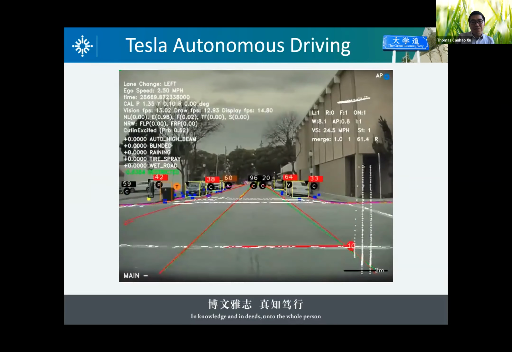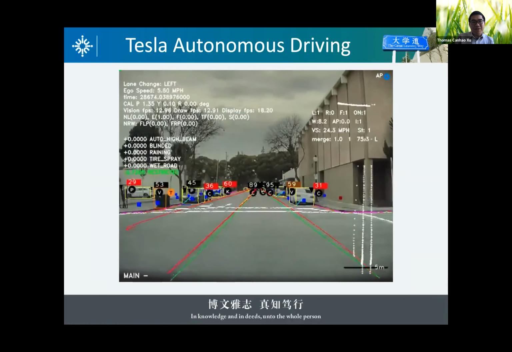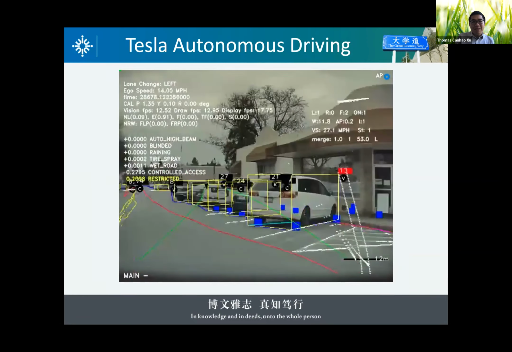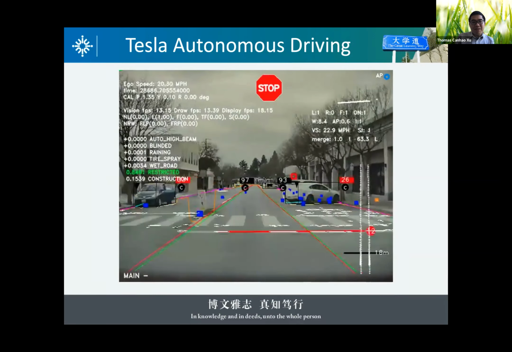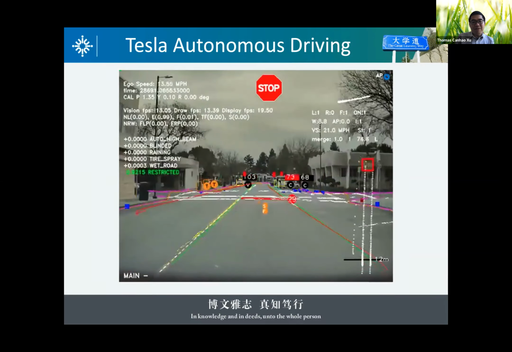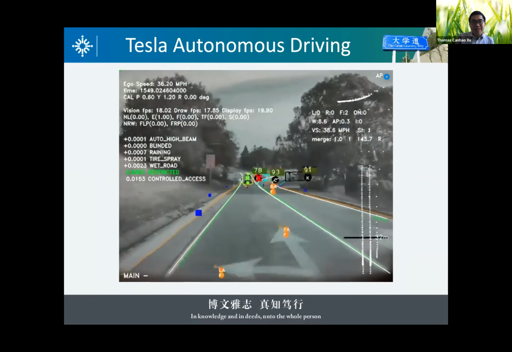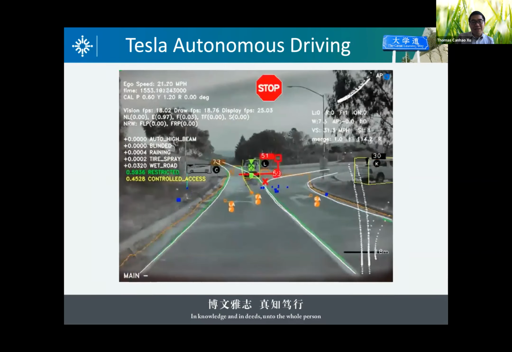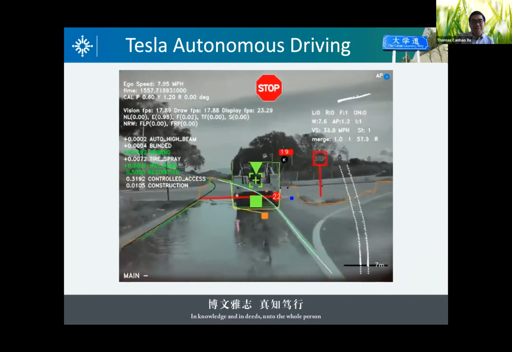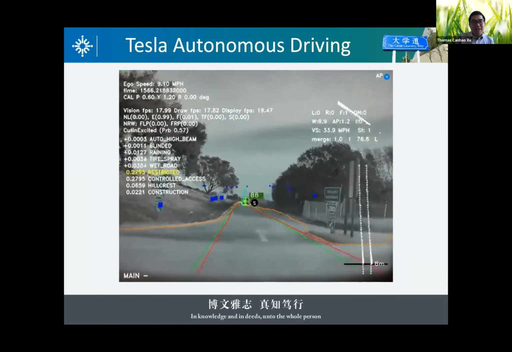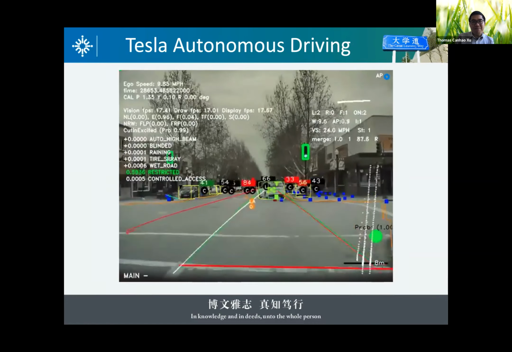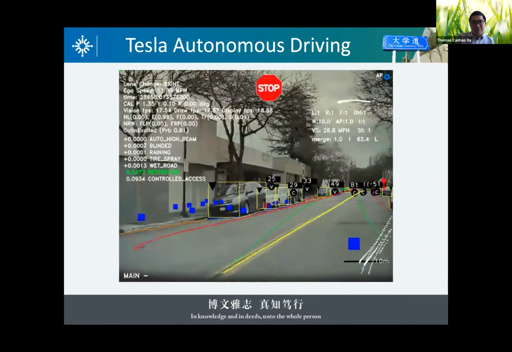If you want to make something work, you have to think about the hardware-software co-design. Of course, the Tesla autonomous driving system is based on some kind of hardware. And in fact, Tesla knows that they can't get hardware from the NVIDIA GPU to achieve such performance and accuracy.